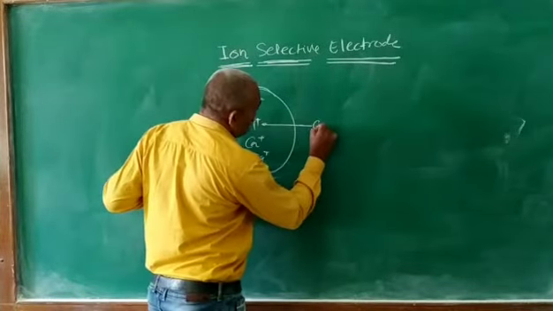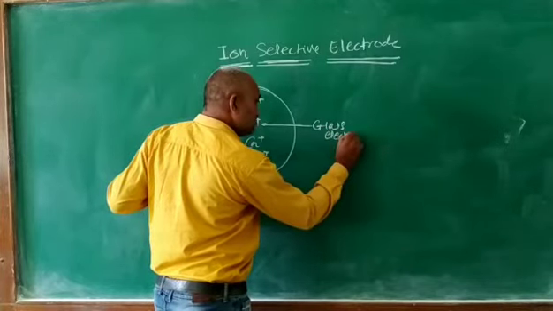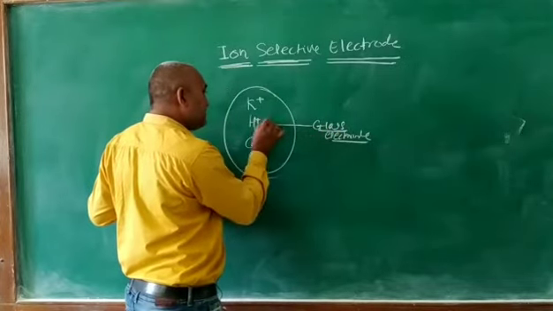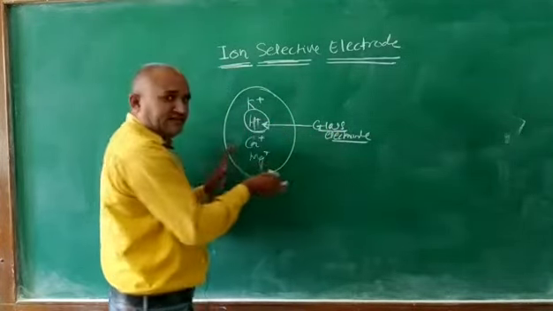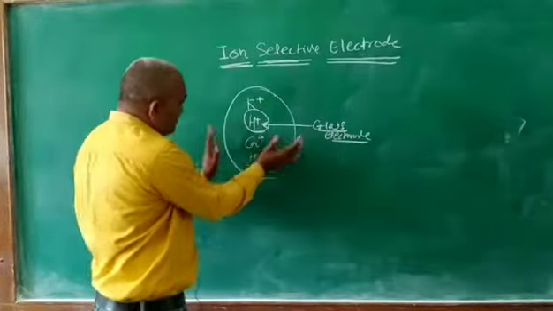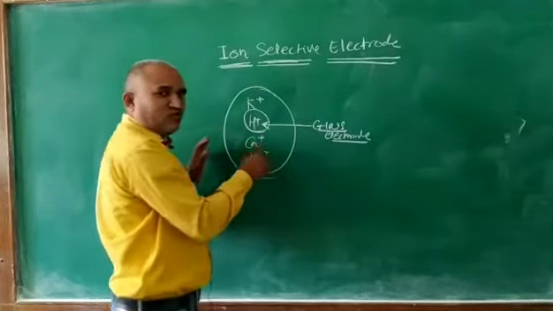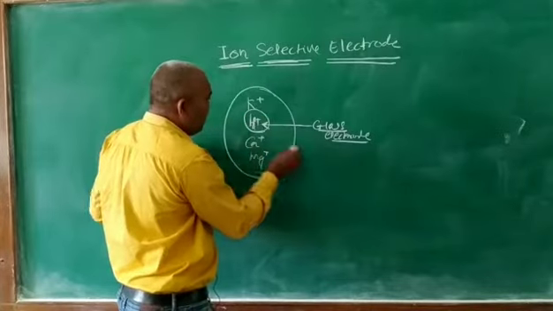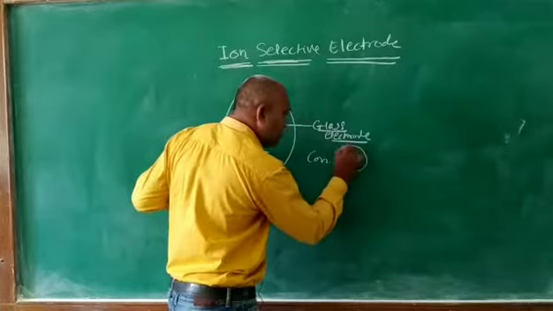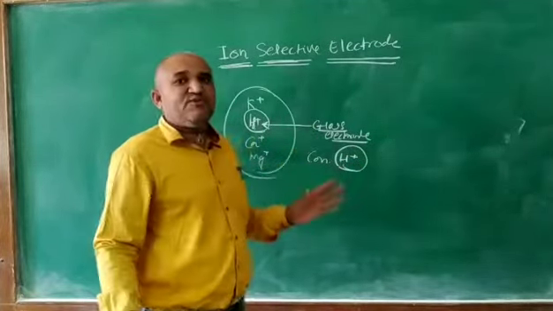Suppose the glass electrode selects a specific ion, the H positive ion, in a mixture of cations or anions. In this mixture, the glass electrode selects only hydronium ion and measures only the concentration of hydronium ions. So this is the ion selective electrode.